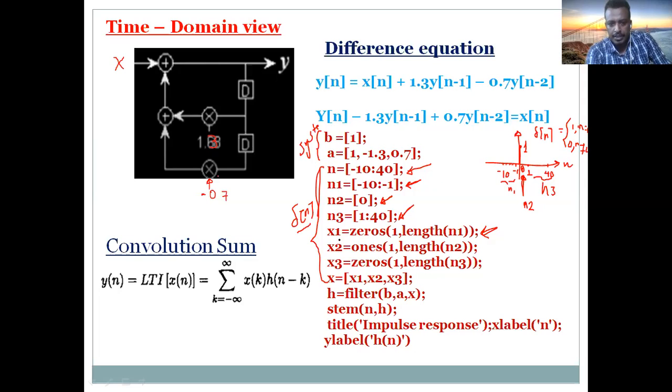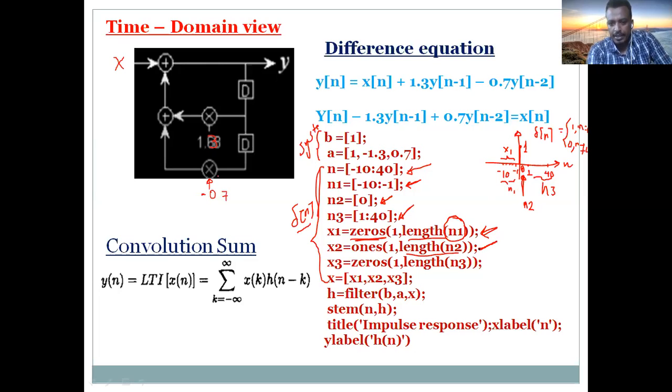So as you can see here, in the length of n1, all samples are zeros, because of the definition of the unit sample sequence. How about n2? The length of n1, from -10 up to -1, we call x1, our signal x1, all samples zeros.